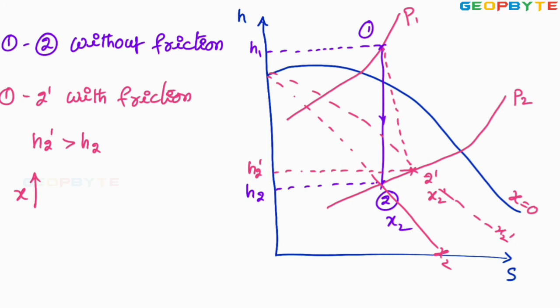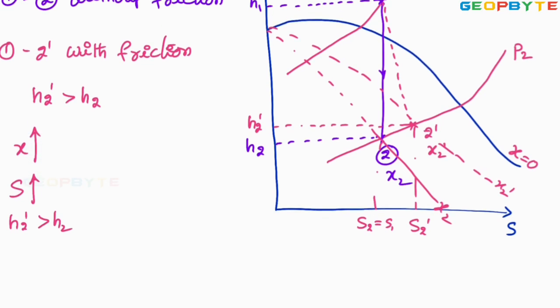Entropy also: for the first case S2 equals S1, but for the second case it is S2 dash. So entropy increases. Enthalpy H2 dash is more than H2. Enthalpy at state 2 dash is high.